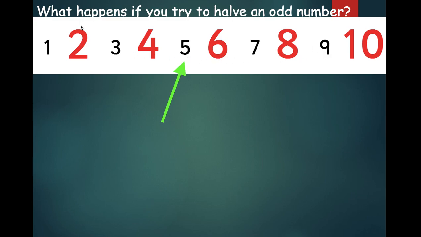And we have some even numbers in red color, 2, 4, 6, 8, 10. Now I take 5 for example to show you how we can divide this 5. And is there any possibility to divide this into equal halves? Let's check.